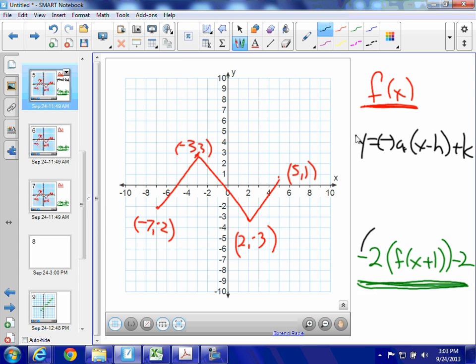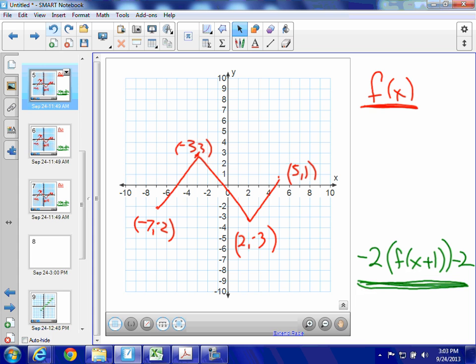I can see that I have an a. I can see that I have an h. And I can see that I have a k. So I'm going to be making all of the transformations here that we know on this graph. All right, so let's start.